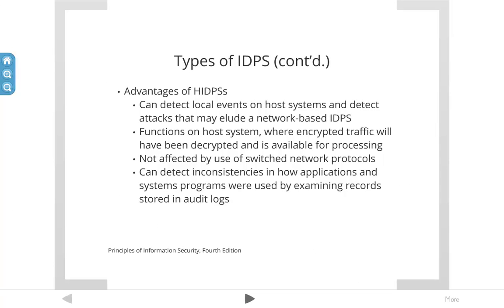Okay, so when it's on the host, it can detect local events. Have you ever looked at your Windows system monitor? You could go to Control Panel, Administrative Tools, and you can see the Event Viewer. In the Event Viewer, you'll see all kinds of events taking place. Some of them are generated by applications: this application failed, or maybe the name on the network is the same as your computer's.